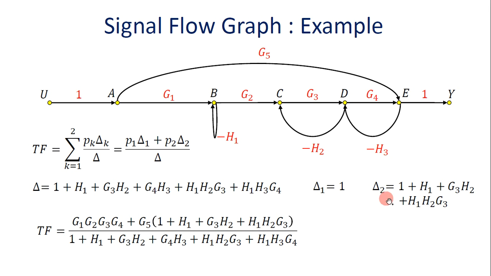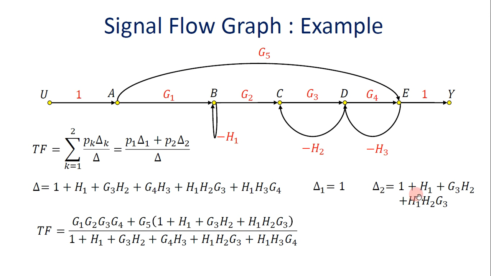Next let us go for delta 2. Delta 2 belongs to the second forward path, that is UA, AE, EY. Here loop 1 is not touching this forward path and loop 2 is also not touching it, and these two are the two non-touching loop combinations which do not touch this forward path.